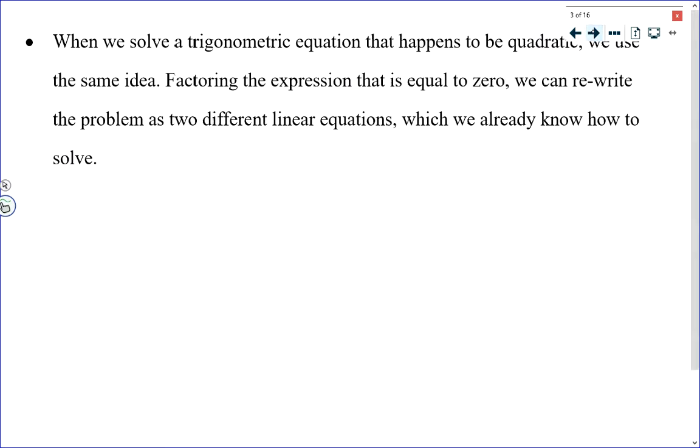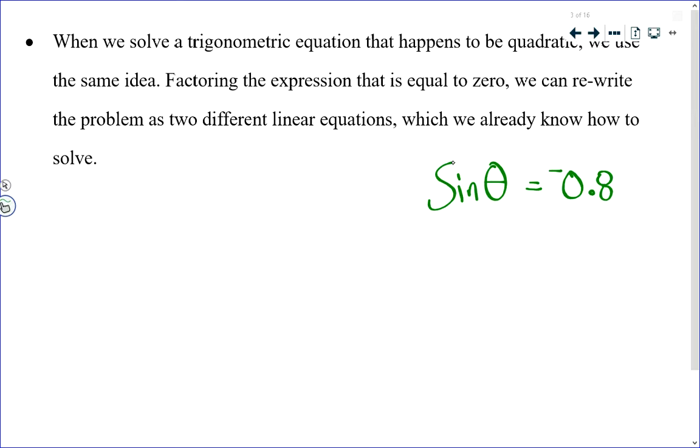We are asked, I guess before I do that, when we solve trigonometric equations that are quadratic, and I'm going to show you what that looks like in a second, you use the same idea. So yesterday we reviewed how to solve trigonometric equations like this. I think it was sine of theta equals -0.8.